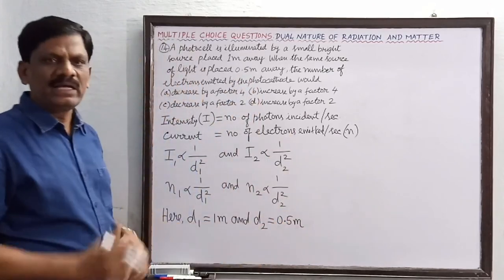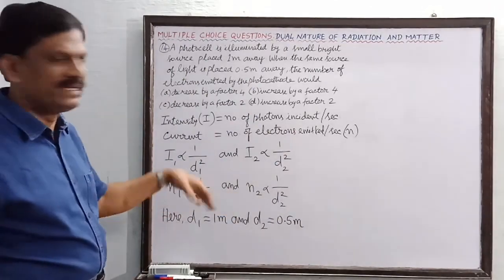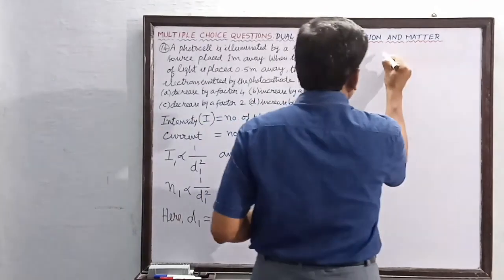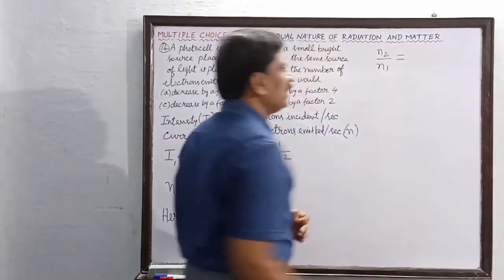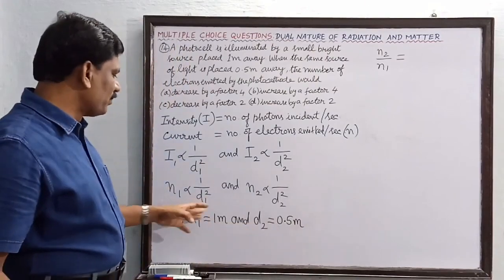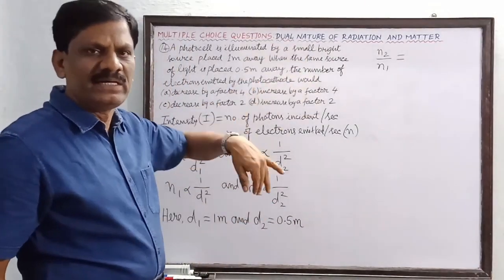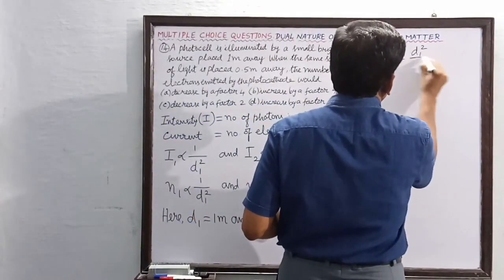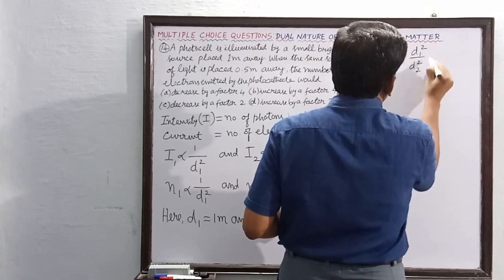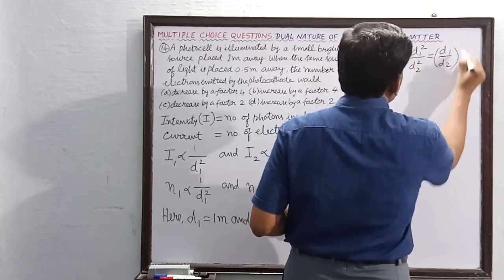I want to take the ratio, is it not? I will take N2 by N1 first. So N2 divided by N1 must be equal to what? Since they are inversely proportional to the distance square, it must be equal to d1 square divided by d2 square. This is equal to d1 by d2 the whole square.